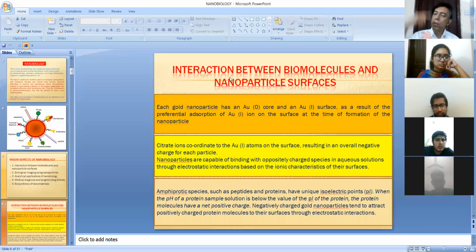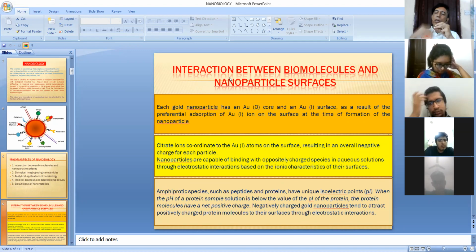On the surface it is +1, and inside, the core gold atoms are Au0, because on the surface generally gold +1 is adsorbed, and inside it becomes gold 0. Now a gold nanomaterial is positively charged.